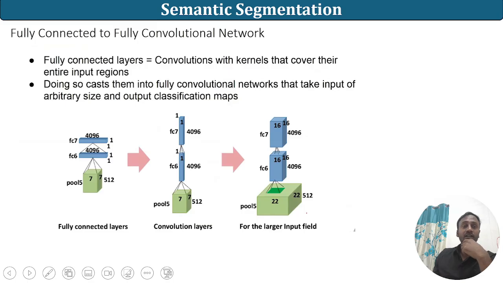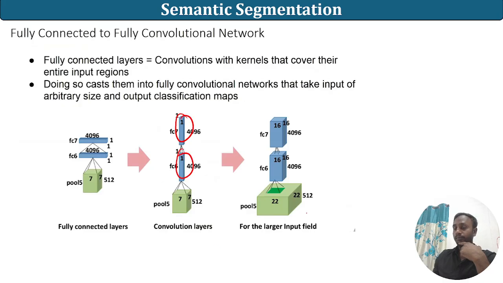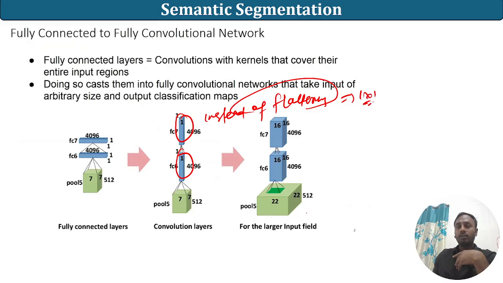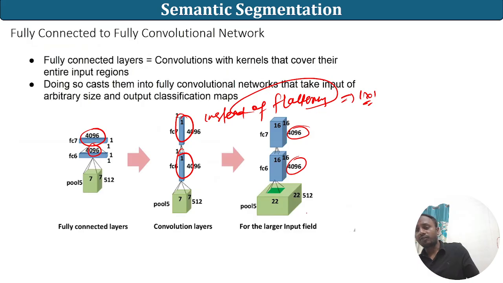In the fully connected layer, they're going to introduce one by one layers instead of flattening, so that we get features of 4096. How that comes, we can get once we go and write the code.